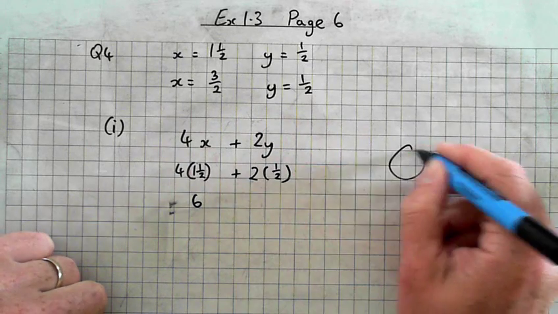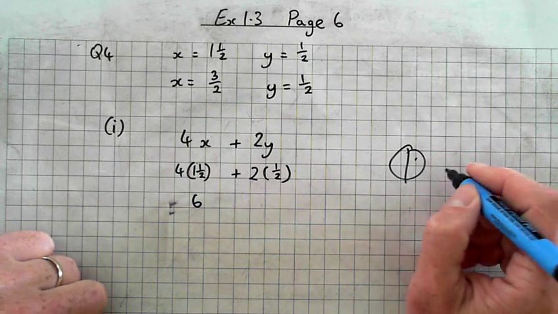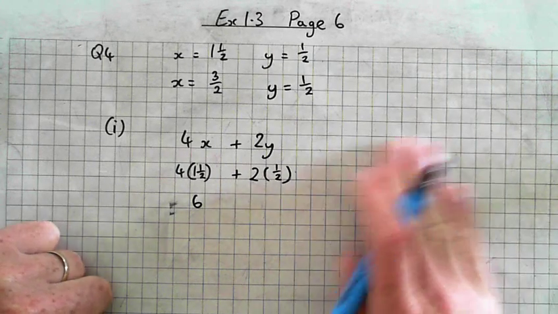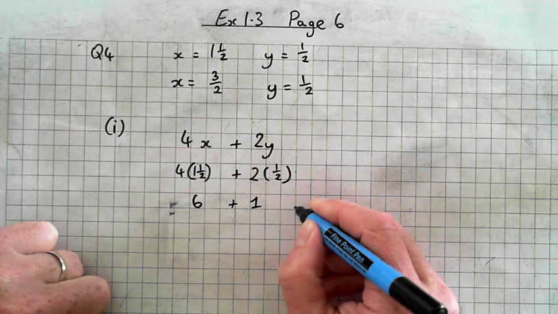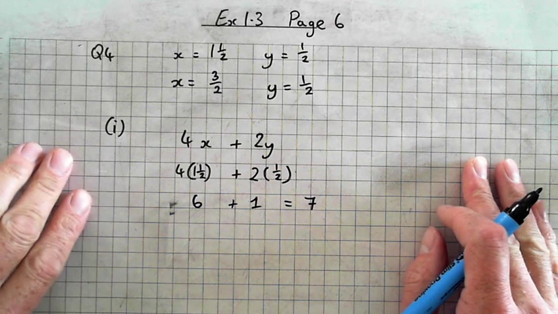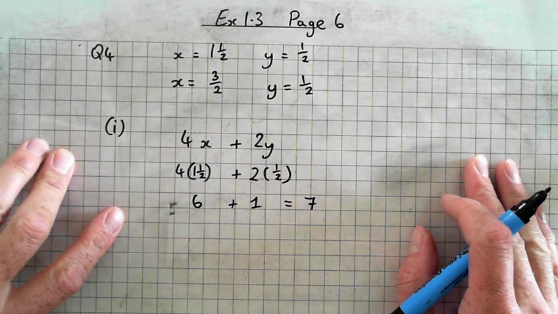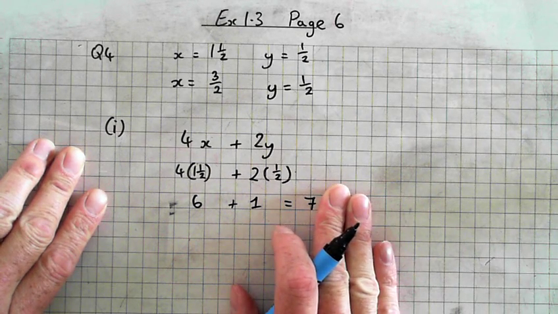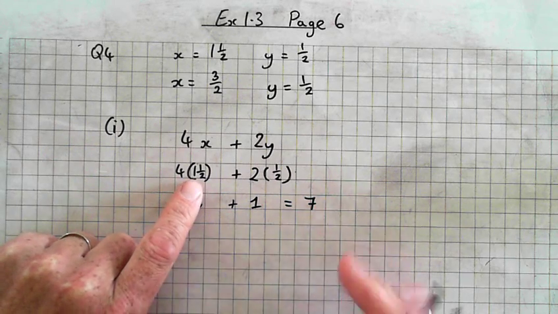2 halves make 1. 6 plus 1 is equal to 7. Okay? You can double check it with a calculator. Otherwise, okay, watch. See 1.5?